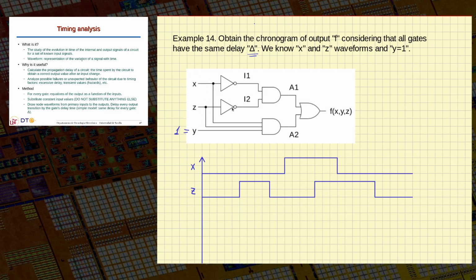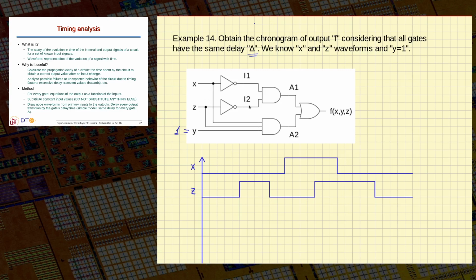But this is not interesting in a timing analysis because to see how it evolves in time, we need to know the changes at all the internal nodes of the circuit. That's why I have named the internal nodes. This will be I1, I2, A1 and A2, and we will calculate the signals at each node.